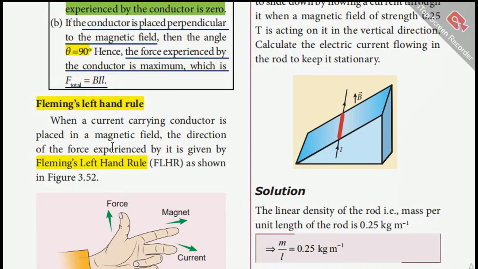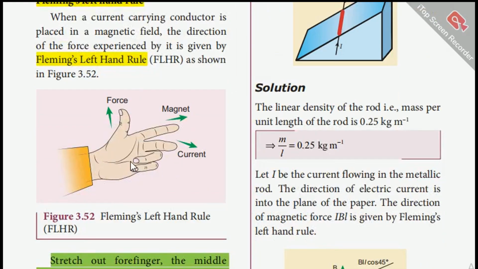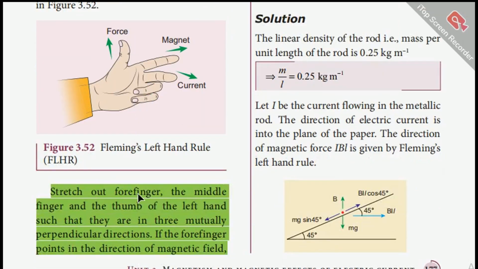Now let us see what Fleming's left-hand rule is. When a current carrying conductor is placed in a magnetic field, the direction of the force experienced by it is given by Fleming's left-hand rule, as shown in this diagram. Here we are spacing out the forefinger, the middle finger, and the thumb of the left hand such that they are in three mutually perpendicular directions.